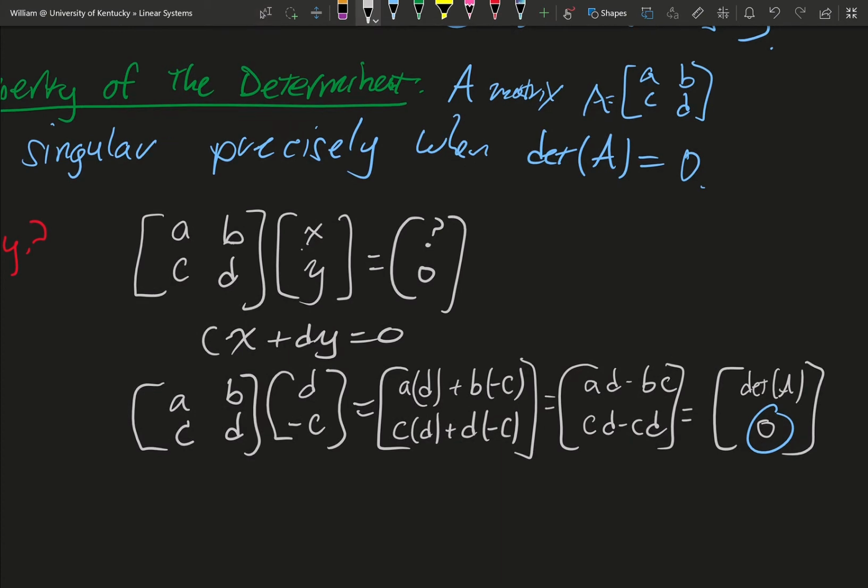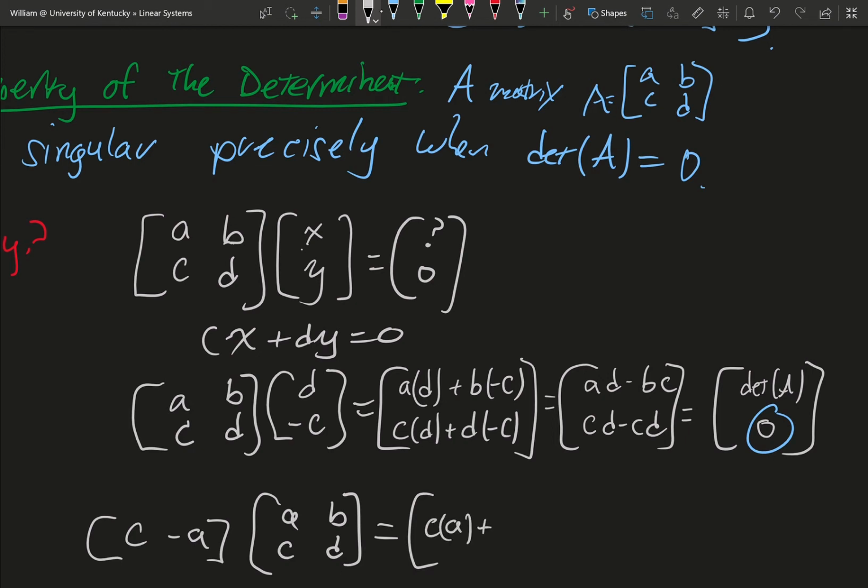And similarly, it doesn't really matter if I do, let's say, C and minus A over A, C, B, D. I'm going to have CA plus negative AC for the first entry, and the second entry, CB plus negative AD.